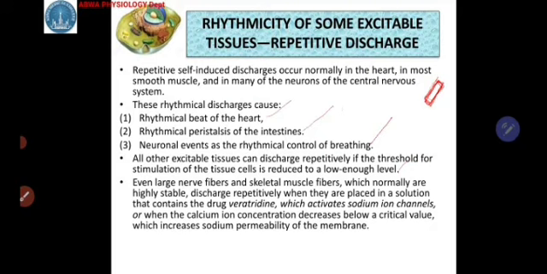So in these specific tissues, the threshold or the negative resting membrane potential that we already discussed is slightly lower. It may be -50, -60. So the repetitive action is repeated again and again to achieve that aim as required by the body.